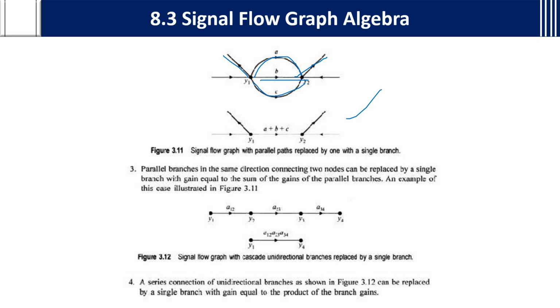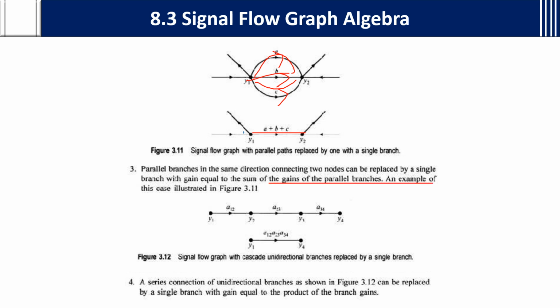Because from y1 to y2, the branches a, b, c are in parallel. Parallel branches in the same direction, keep that in mind. You know these three are parallel branches, but they should be in the same direction. They are going from left to right, left to right, left to right. Then it can be replaced by a single branch like this, equal to the sum of gains of the parallel branches.